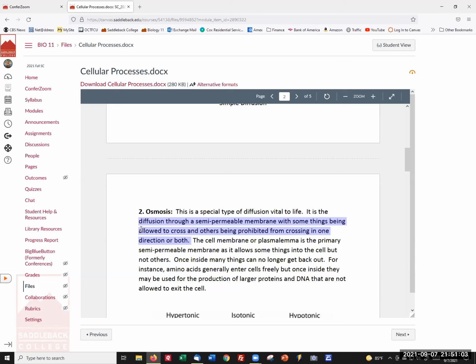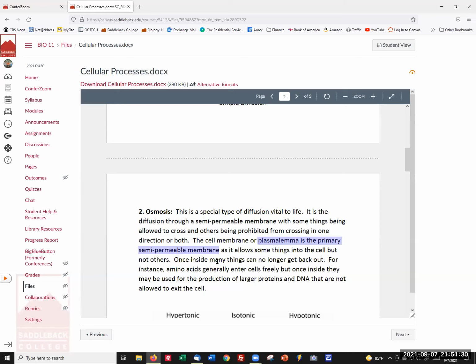The plasma lemma is a semi-permeable membrane. In the cell membrane, the primary example is the plasma lemma, a semi-permeable membrane.